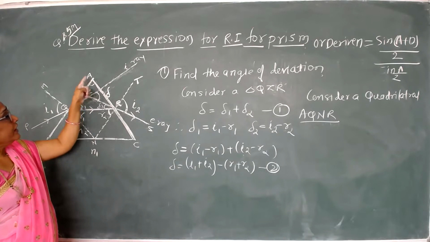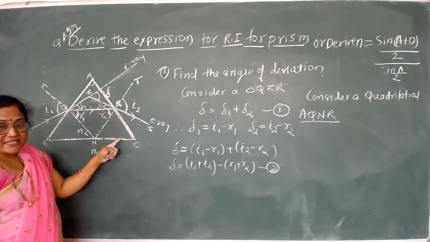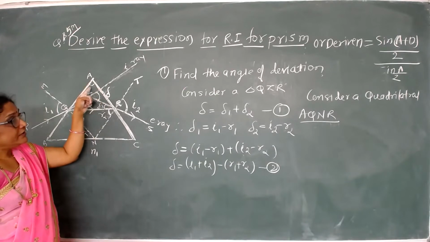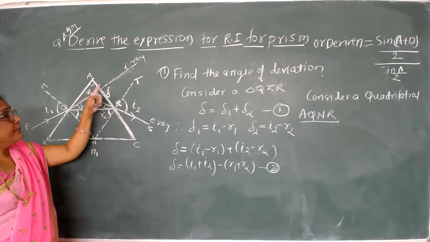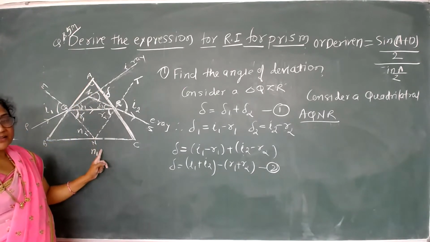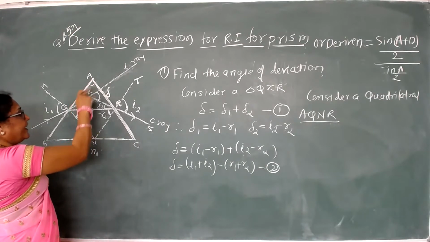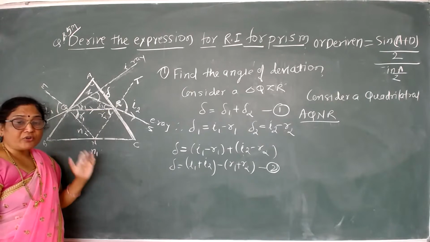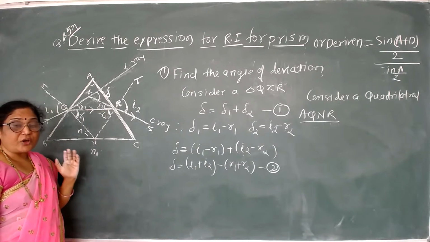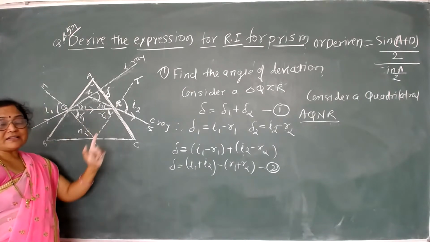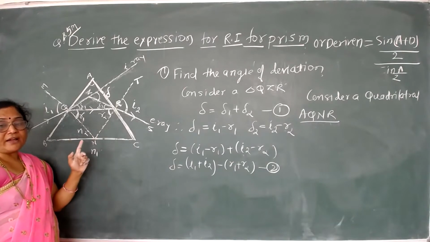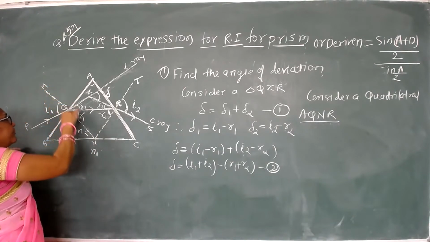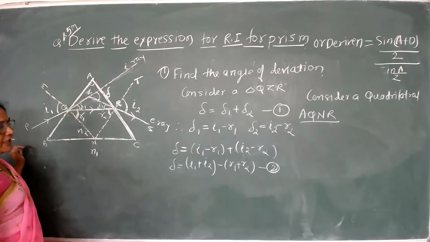So here, ABC is the principal section of a prism and A is the angle of prism. Then in the quadrilateral there are 4 angles: angle A, angle N, angle Q and angle R. Out of 4 angles, 2 angles are known, because MN is the normal ray for the surface AB.